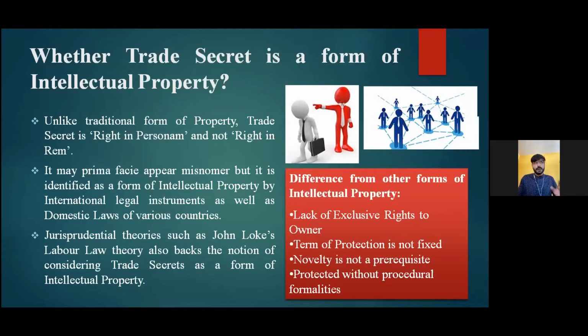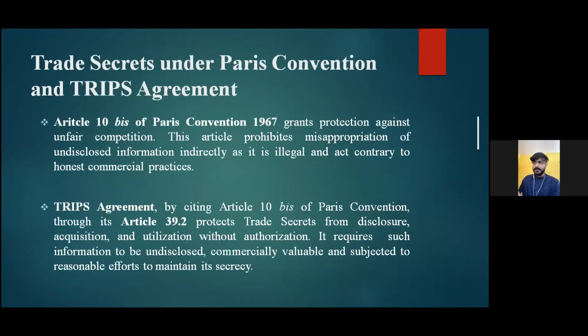And moreover, if we go behind the jurisprudential aspects by virtue of which intellectual property law exists, such as John Locke's theory, maybe the personhood theory, these theories actually identify trade secret as a form of intellectual property. Again, it would be too much to discuss the things which are behind the trade secrets and the regime, so let's not get into that.